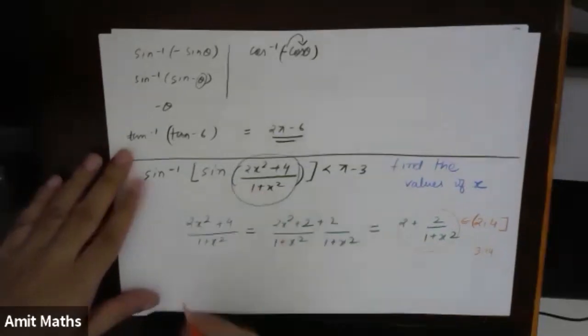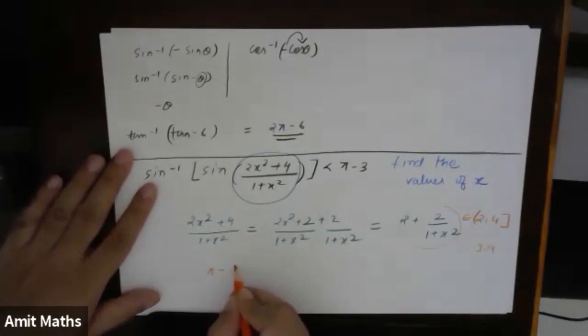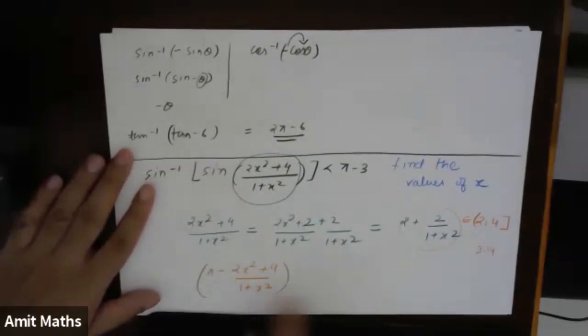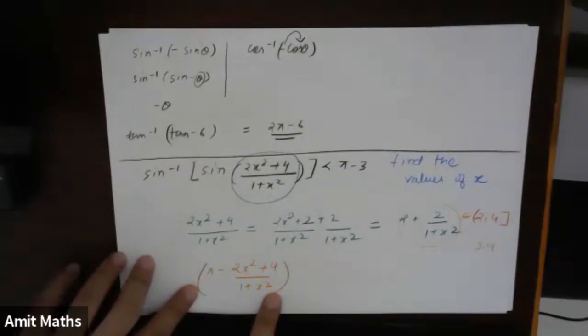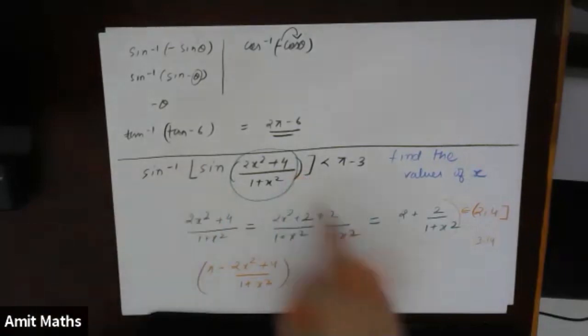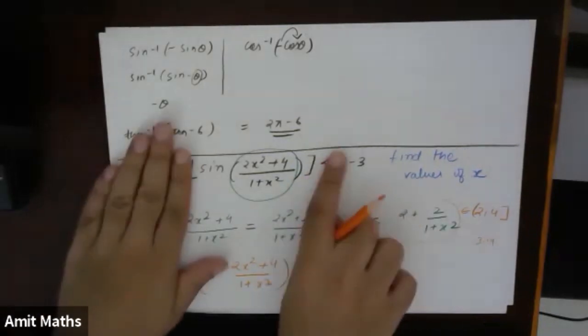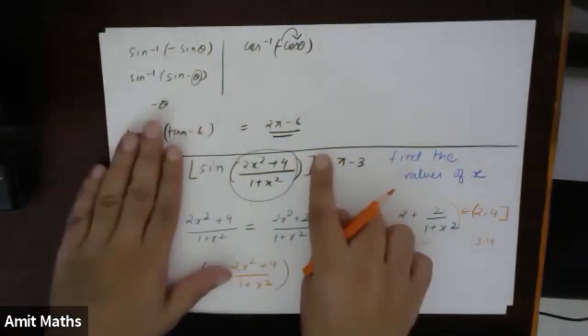So I can write this whole thing as pi minus 2x square plus 4 by 1 plus x square, if I write this whole thing as pi minus something. Why open bracket? Which bracket? This one. This is just a bracket to show that they are different.